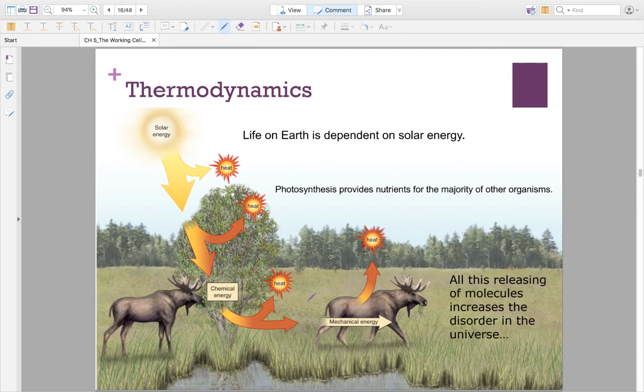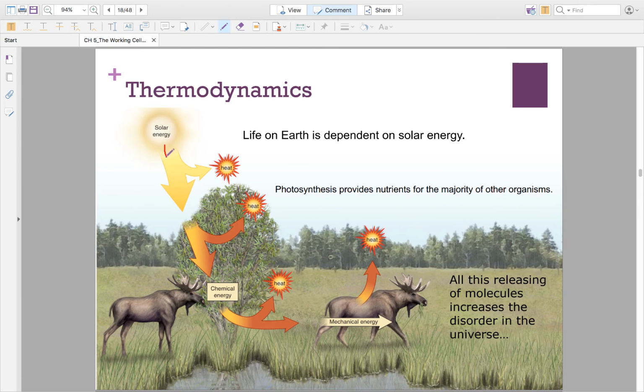Okay, so whenever we talk about energy, we have to talk about thermodynamics, because the laws of thermodynamics explain energy and how it works in a couple of different scenarios or laws, basically. But ultimately, it begins with the sun.